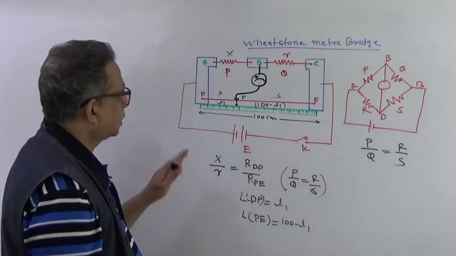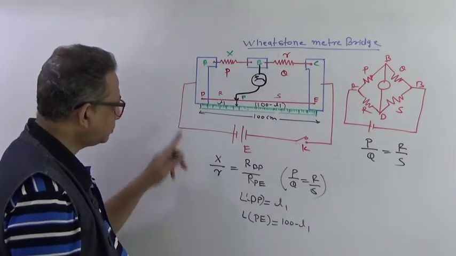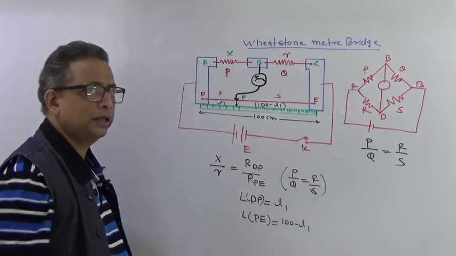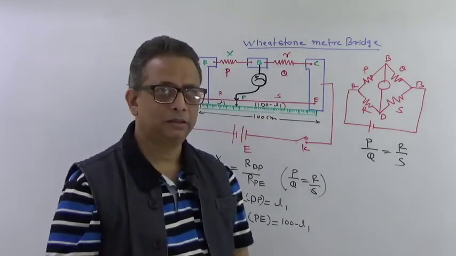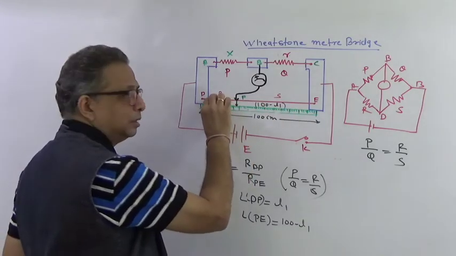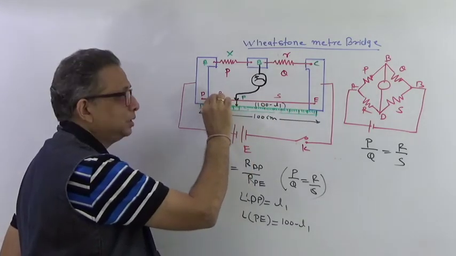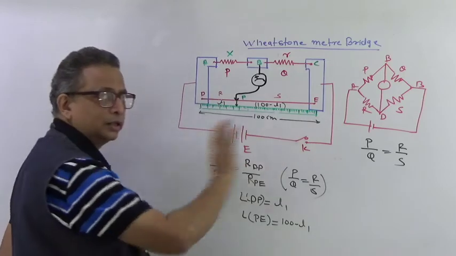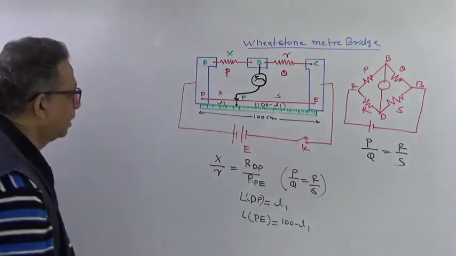Now let us assume this whole resistance wire is made up of the same material. So the diameter and the specific resistance throughout the whole wire are constant and the same.